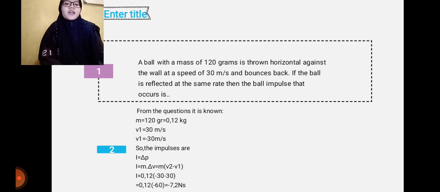So, the impulse I is ΔP. I is m multiplied by Δv, which is m multiplied by velocity 2 minus velocity 1. I is 0.12 multiplied by minus 30 minus 30, which is 0.12 multiplied by minus 60, which is minus 7.2 Ns.